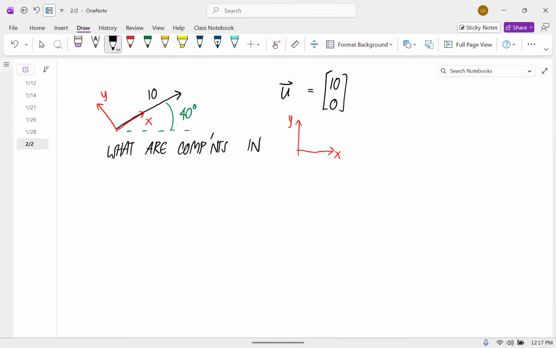So we want to go from this coordinate system to this one. Is that a rotation about the x, the y, or the z axis? Z. And if you're looking straight down the barrel of the z axis, is that a clockwise or a counterclockwise rotation? That's clockwise, and so our theta is going to be negative 40.